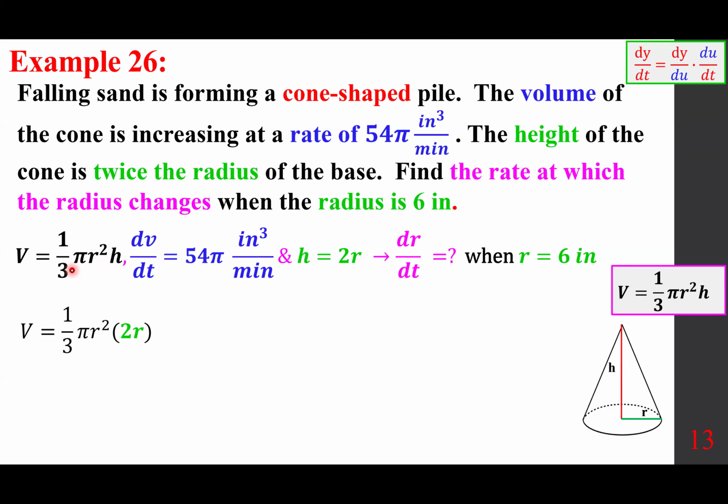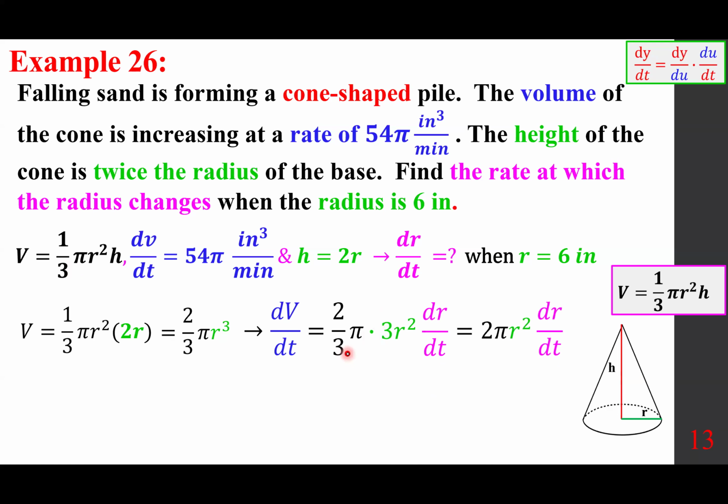So in any event, you rewrite this, and now you're going to work on this. You want dV/dt, which is 2/3 pi, times, now you work on r cubed, which is 3r squared dr/dt. This 3 cancels out this 3, and you write 2 pi r squared dr/dt.